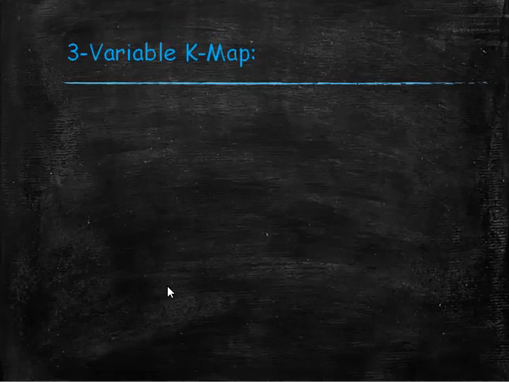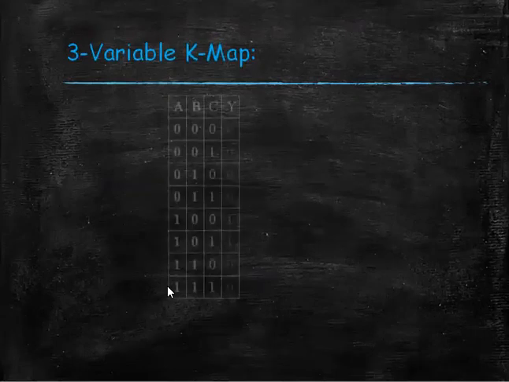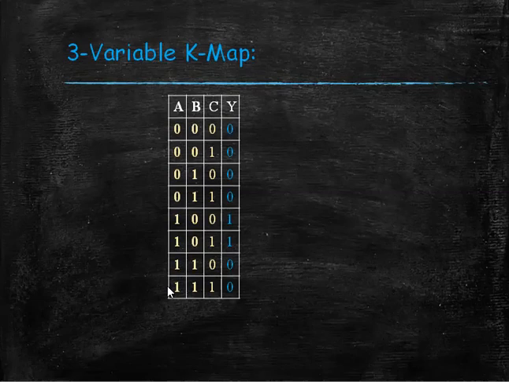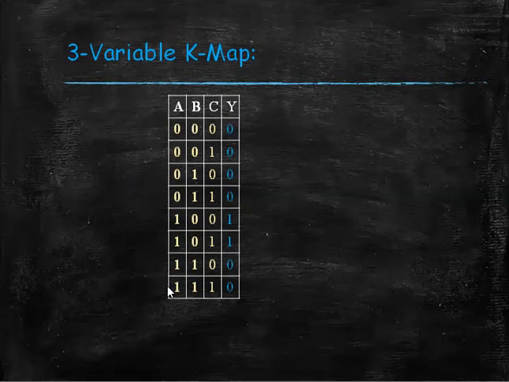Here we are taking a 3-variable truth table. When we look at the truth table, we can obtain some information from it.